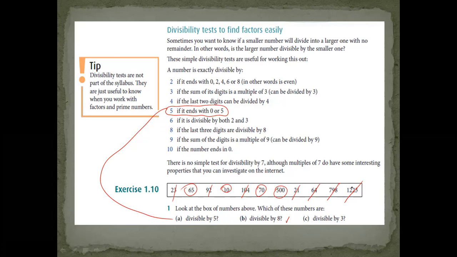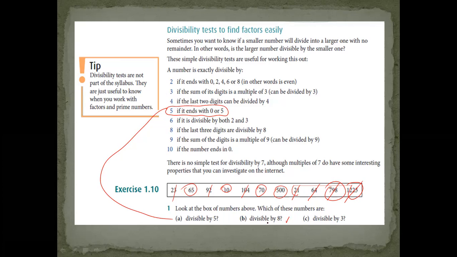And here also, the last 3 digits: 2 plus 2 is 4, plus 3 is 7, not a multiple of 8. And here also 17 plus 7 is 24. 24 is a multiple of 8. 3 times 8 is 24. That's why this number is divisible by 8.